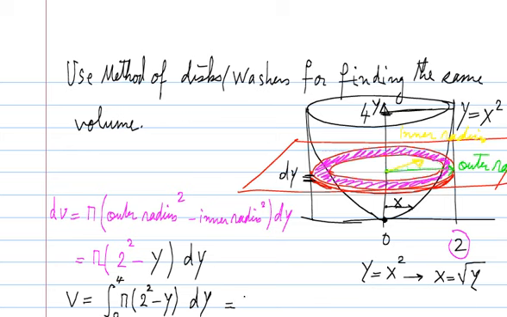Now let's go ahead and integrate this. Pi is a fixed number. 2 squared is 4. The integral of that is 4y. The antiderivative of y is y squared over 2. And I have to plug in numbers from 0 to 4 in this and subtract.